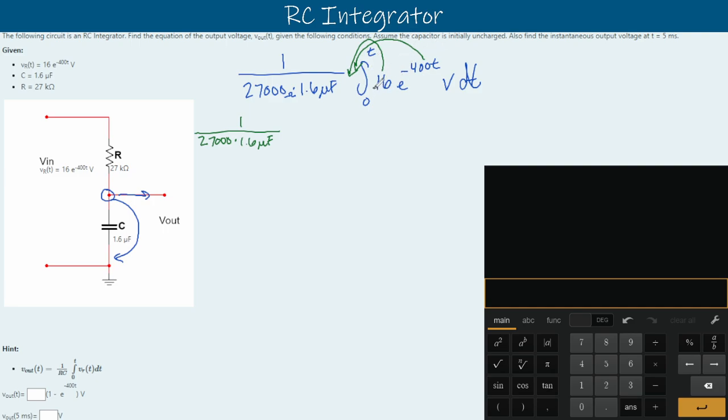So our magnitudes, which is this base number here, the constant, will multiply our current value that we have on this side by 16, which is our constant, divided by our exponent, which is negative 400. This is the only difference between this one and the differentiator, that integral versus derivative. And then the rest of this is going to have the e to the negative 400t, and it will still be in volts.